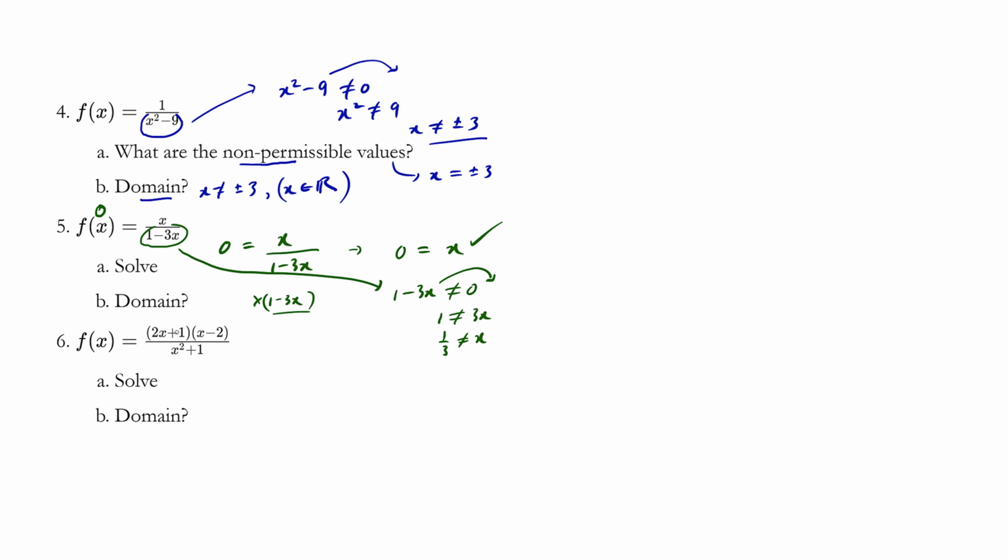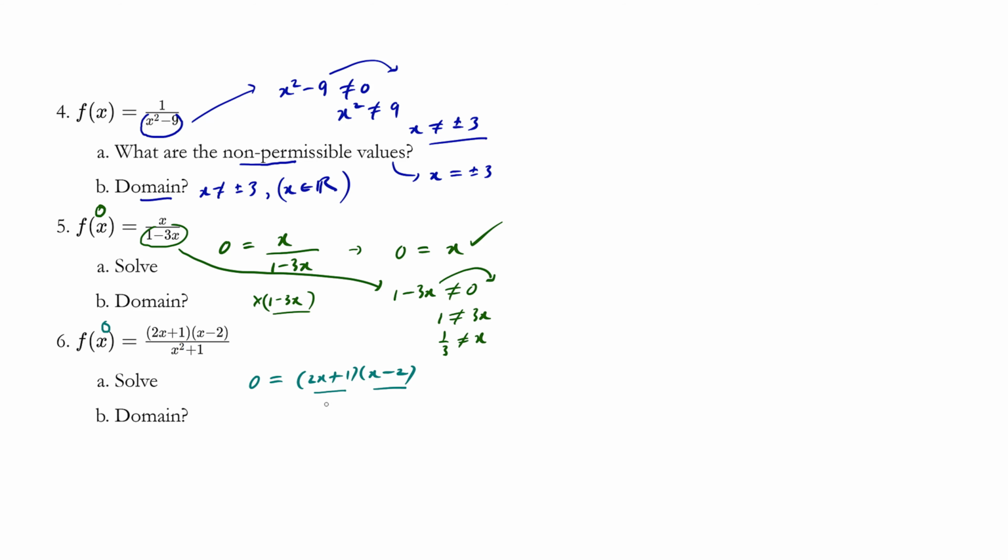Now let's try solving this rational expression. We're going to set y equals 0. So 0 is equal to this expression here. But if you multiply both sides by the denominator, it disappears, because anything times 0 is 0.